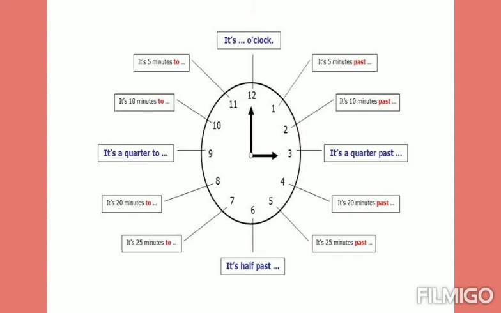If it is at 9, it is quarter to 4, also known as 15 minutes to 4. If it is at 10, 10 minutes to 4. If it is at 11, 5 minutes to 4. When it reaches 12 again, you can read the time as 4 o'clock.